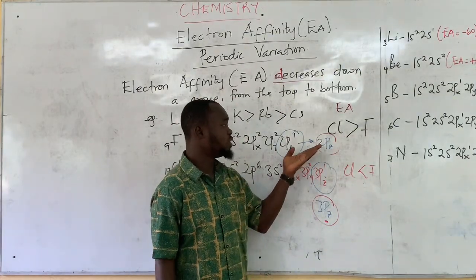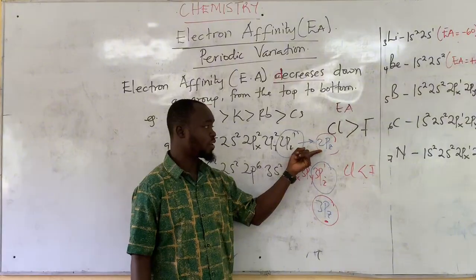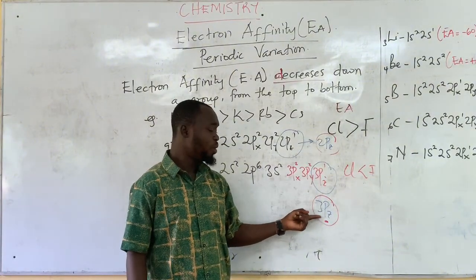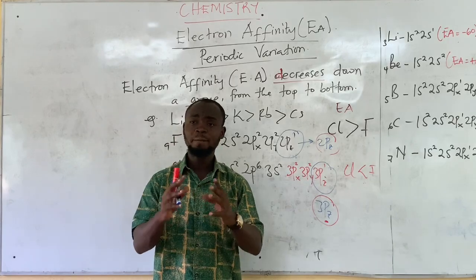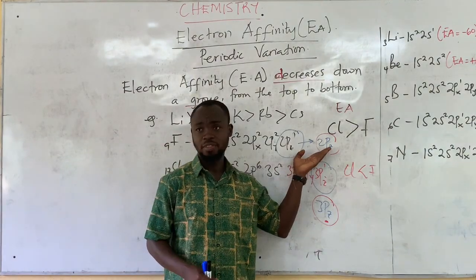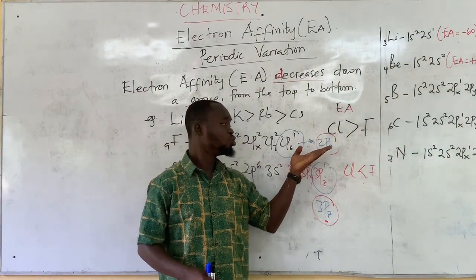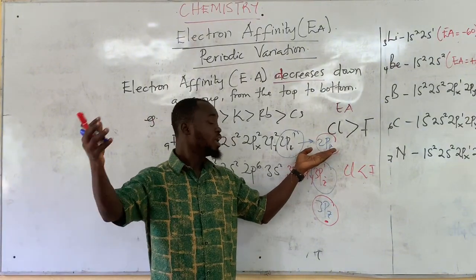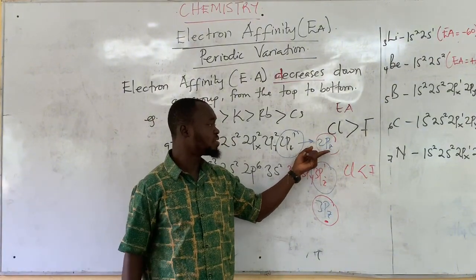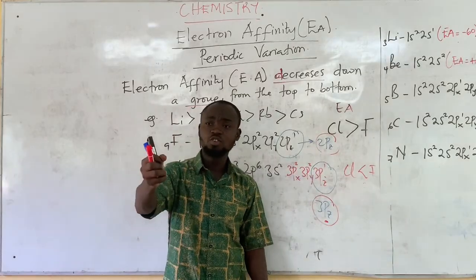The added electron in fluorine is in a 2pz atomic orbital, and then for chlorine is in a 3pz atomic orbital. The 3pz atomic orbital is bigger than the 2pz atomic orbital due to its orientation. So the electron repulsion in the 2pz will be very high. And once the electron repulsion in the 2pz is very high, nuclear attraction over there will be reduced.